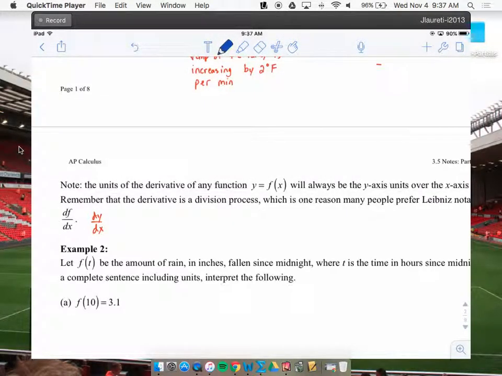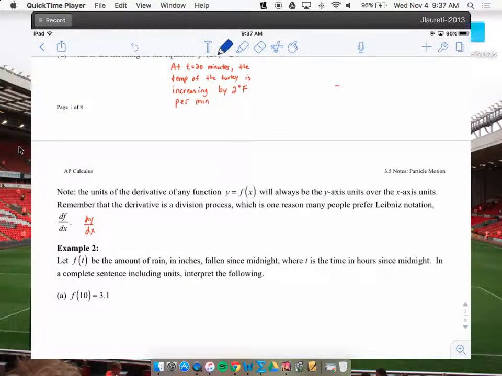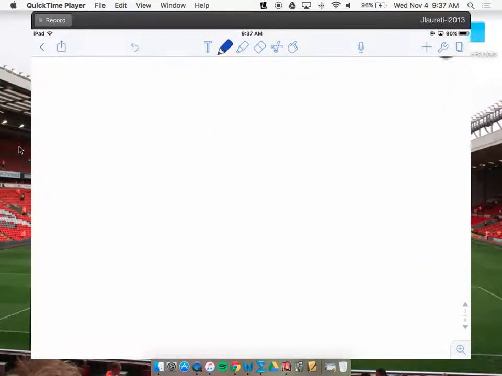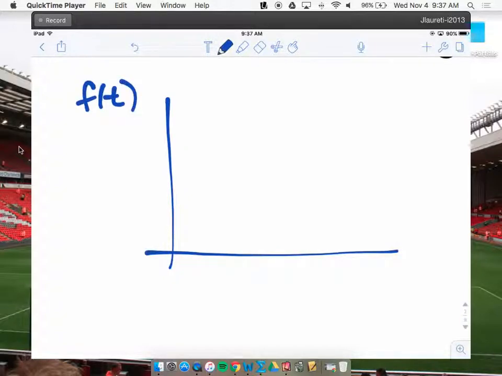All right, so f of t is the amount of rain in inches fallen since midnight, where t is the time in hours since midnight. Interpret the following. Okay, so I have f of t. So what would the horizontal axis represent?